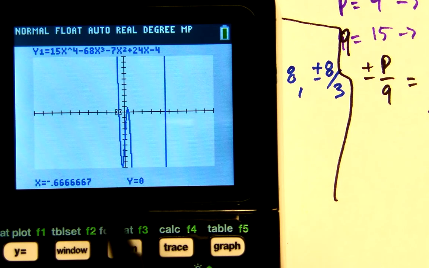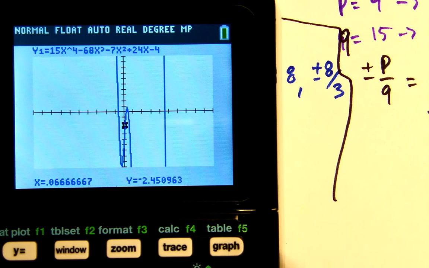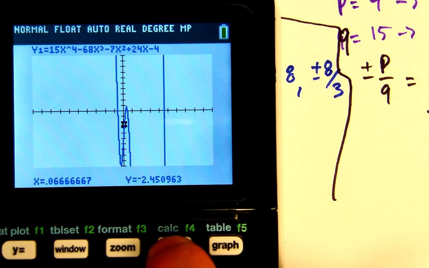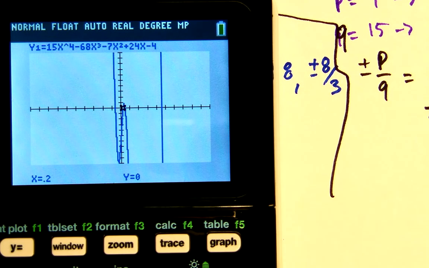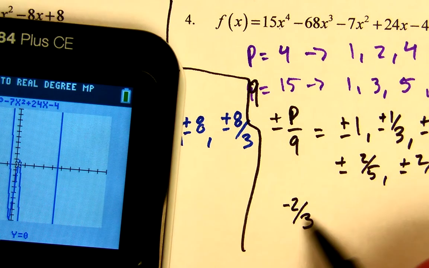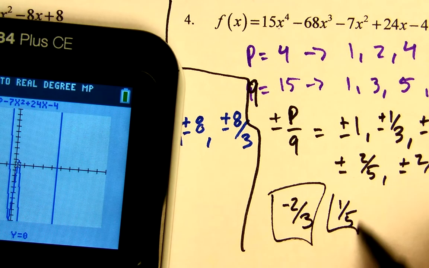Well, what about one of the really small ones, 1/15? So trace 1 divided by 15. Well, that didn't work. So I know 1/15 is not a solution. Well, what about trying 1/5? And that works. So I just found 2 in the list that work. Negative 2/3 works, and I have 1/5 that works.